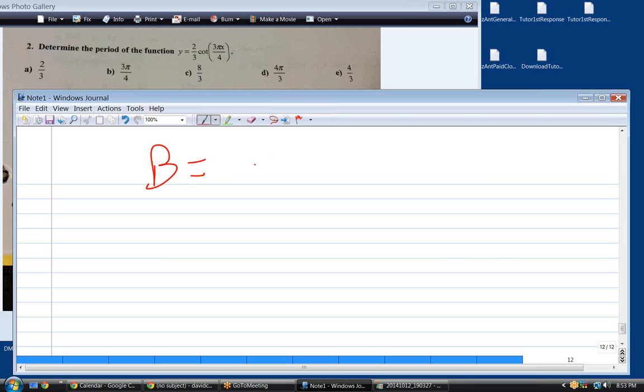What's B? B will be 4/3. Well, let's do B first, and then we'll look for the period. B will be 3 pi over 4. Okay. And the period is what divided by 3 pi over 4?